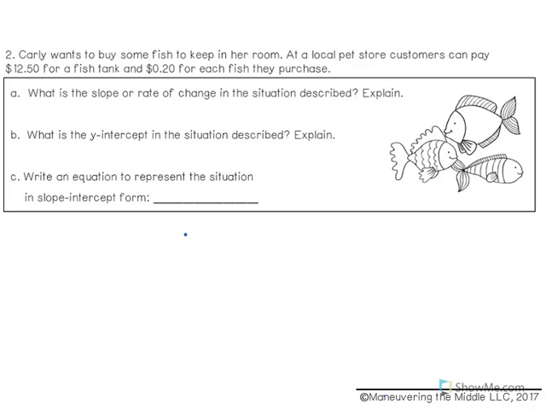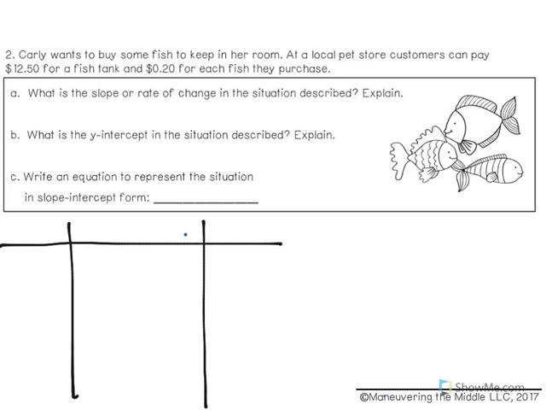So when I'm reading a problem like this, I need to kind of make a table so I can see what the problem's talking about. So I'm going to make my table. And I know I have my x-axis and my y. So to determine the x and y, I need to see what is independent and what's dependent in the problem.